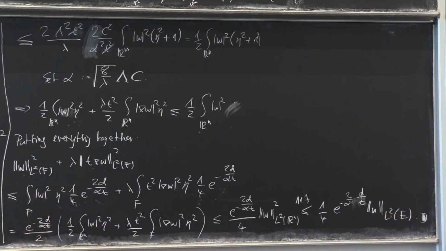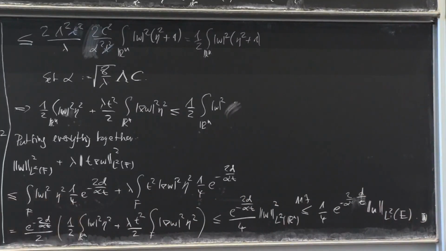So this is a technical proof, but the funny thing is the idea is genius because you have to find the right function, but it's easy. It's just testing the equation with the right function and then doing standard estimates, bootstrapping things, absorbing parts of the right-hand side to the left-hand side.